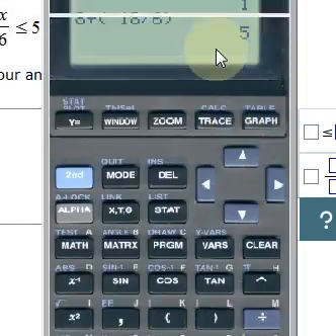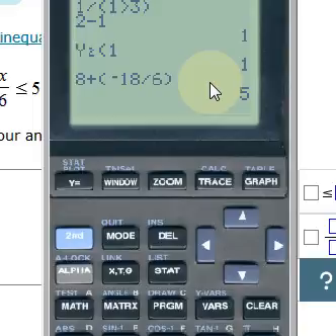And what do you know? We get the 5. So that's correct.